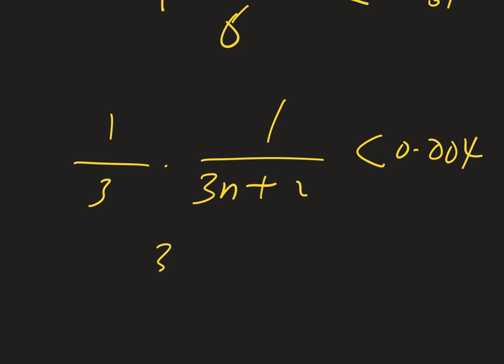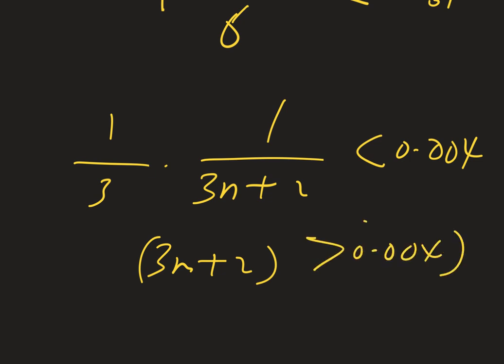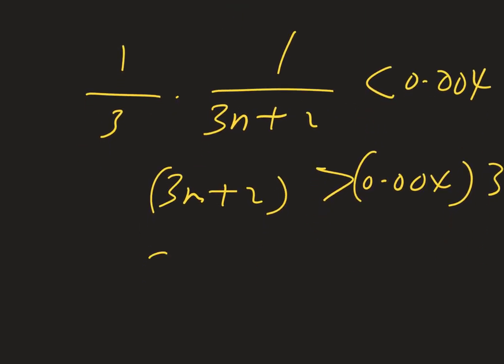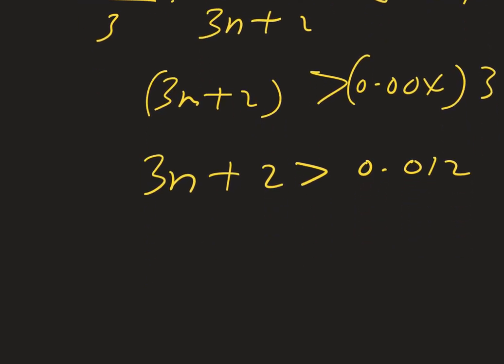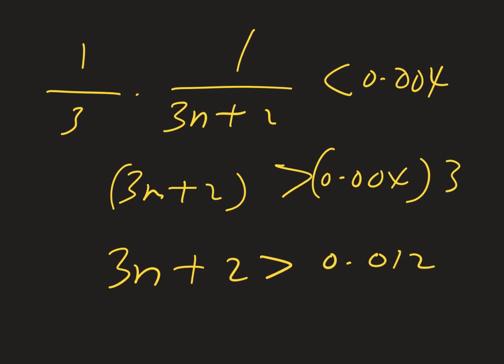You need to change the sign when you turn the thing upside down. So 3 times 3n plus 2 bigger than 0.012. Oh, something wrong, because this is minus 1.